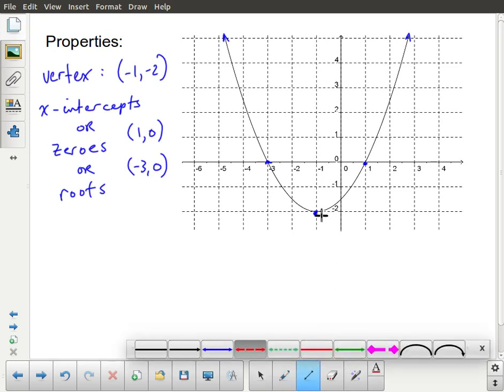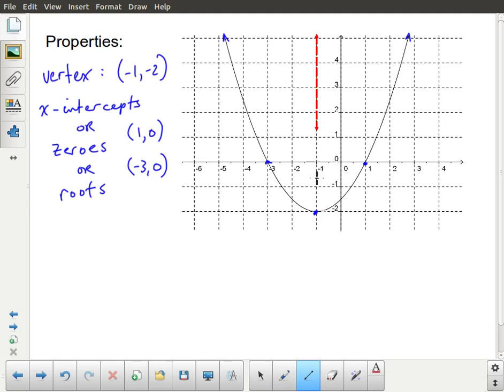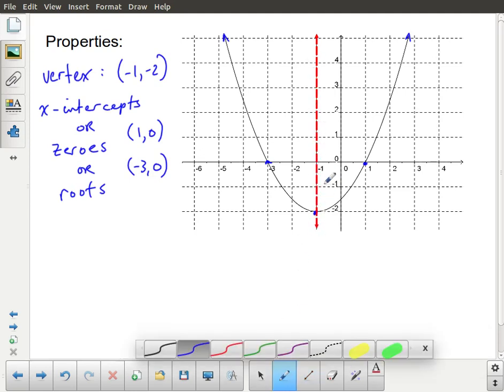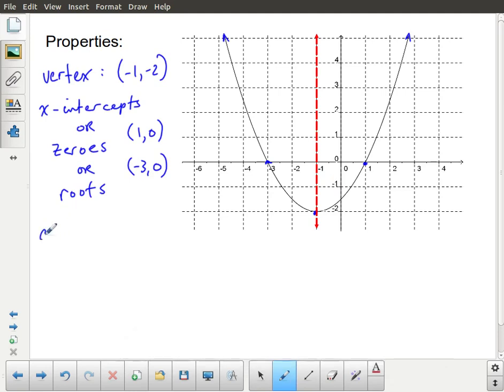Another thing, and it actually ties these two things together: if I imagine this vertical line that cuts the parabola in two, this is known as the axis of symmetry. So the axis of symmetry is a line.